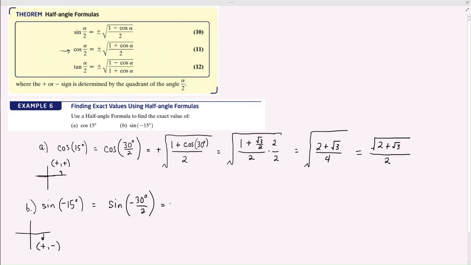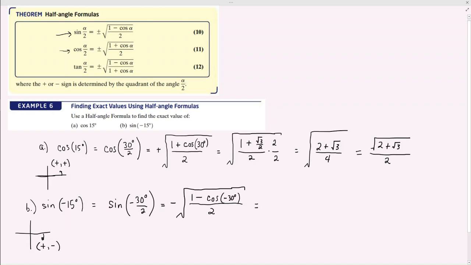I'm going to say, okay, I know I want the negative result of, and in this case we're looking at a sine of alpha over 2, so we're up here. But we want the negative result of 1 minus a cosine of negative 30 degrees. And all of that is over 2.